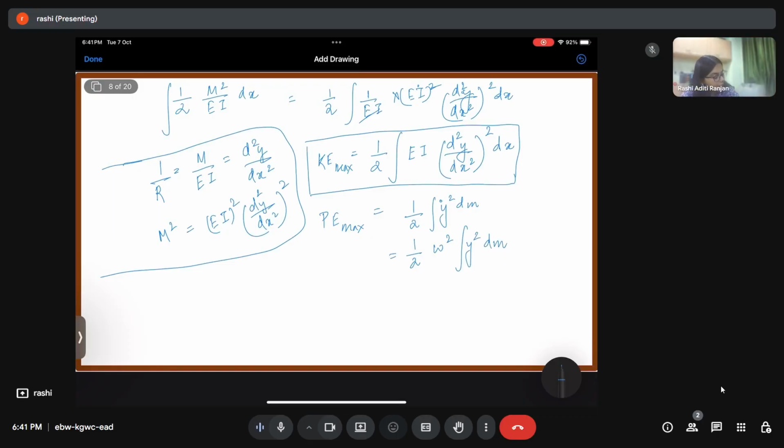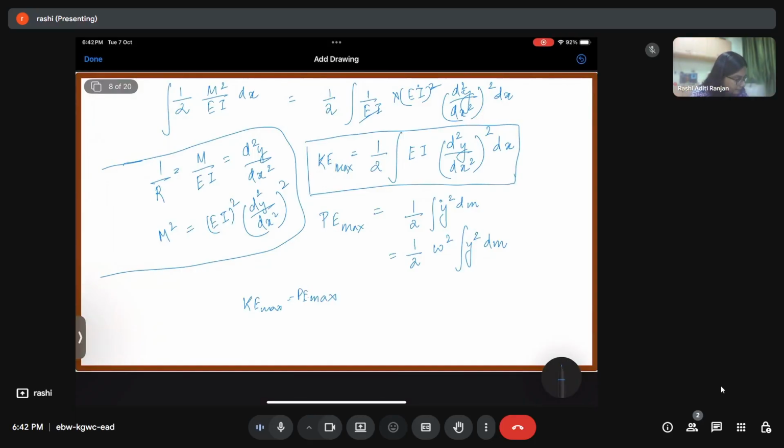So now if we equate the kinetic energy max with the potential energy max, what are we going to get?